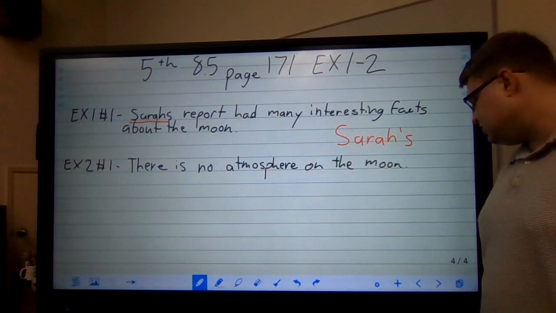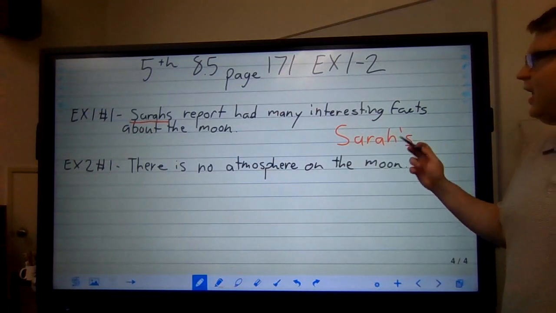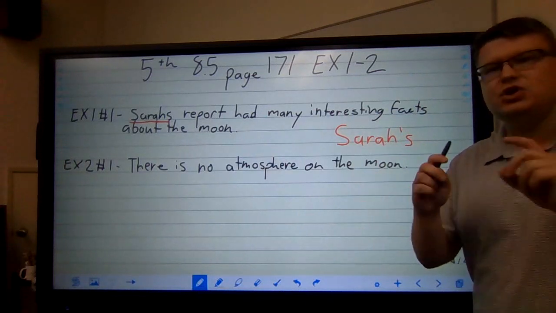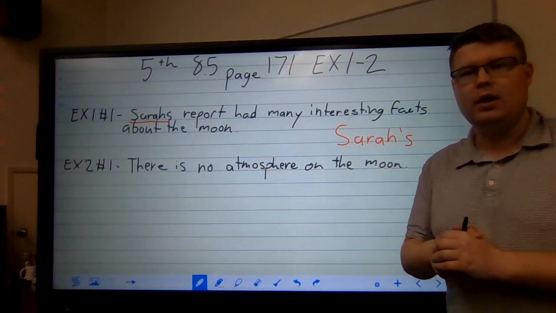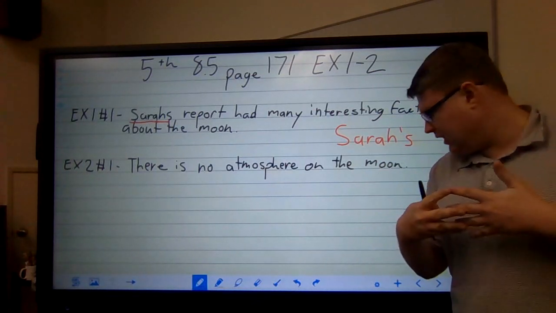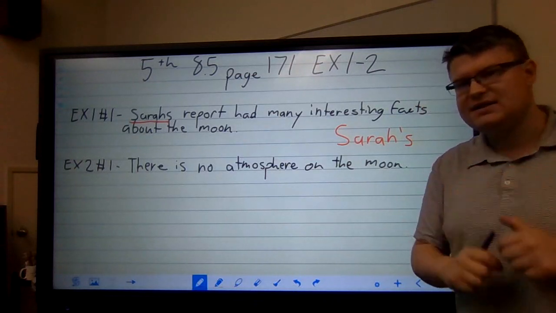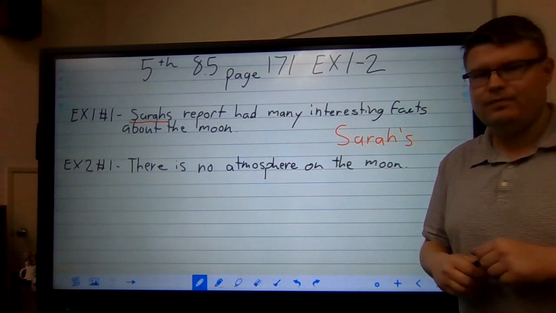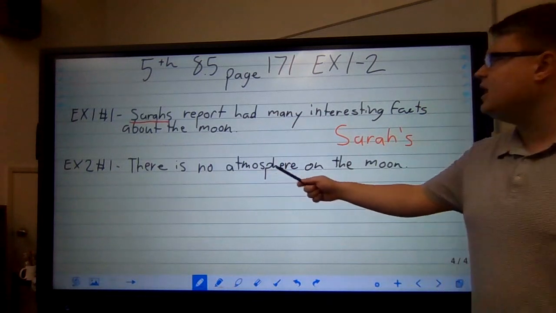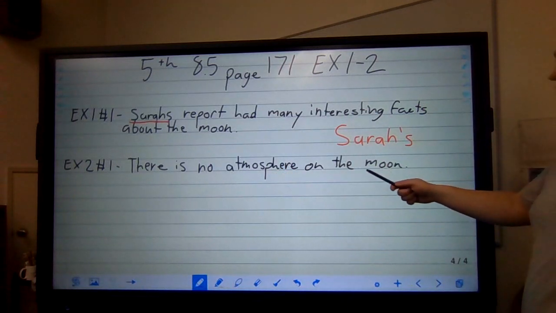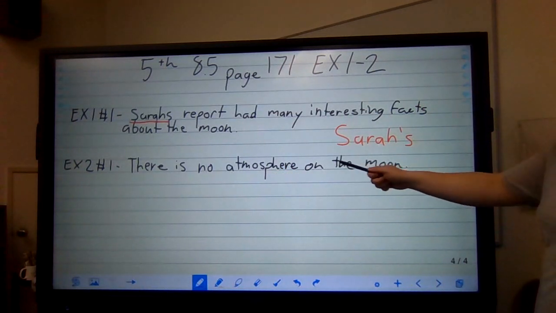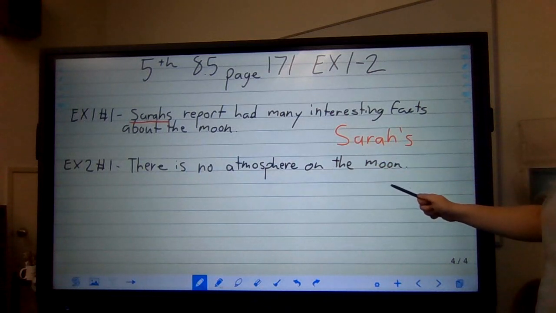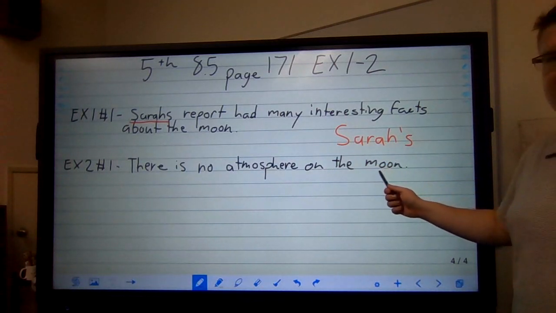For exercise 2, they want you to find 2 words that you need to make into a contraction and write the sentence using that contraction. Here we have the sentence. There is no atmosphere on the moon. Moon we can't do anything with.